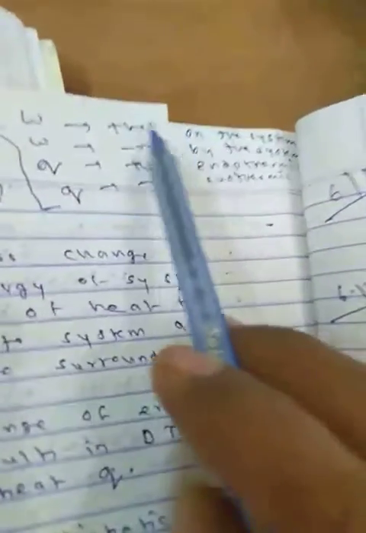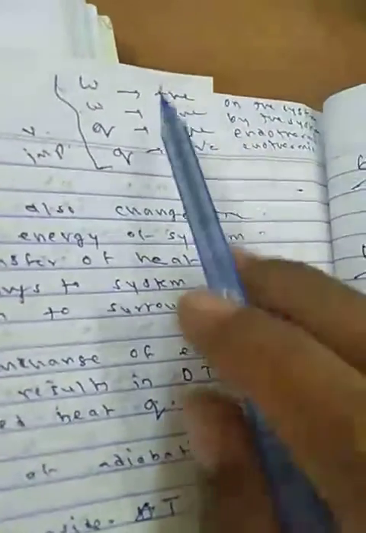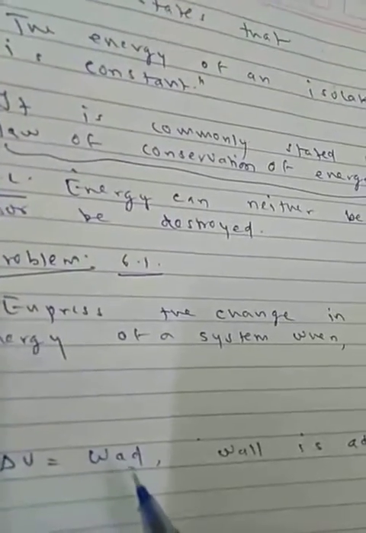Okay, see again I am showing you, work is done on the system, and no heat is coming from the surroundings. At that time, the wall I taught you in part 1 and part 2, the wall is called adiabatic. So delta U is equal to W adiabatic.